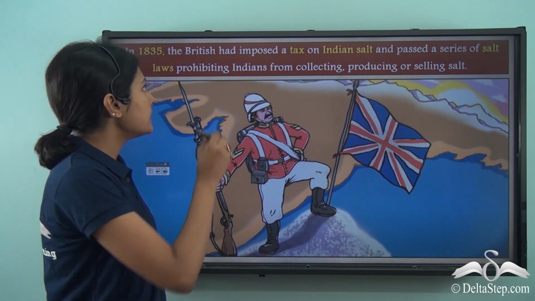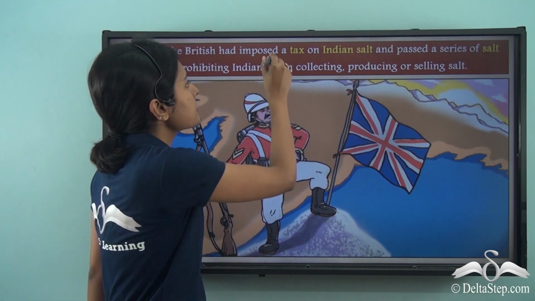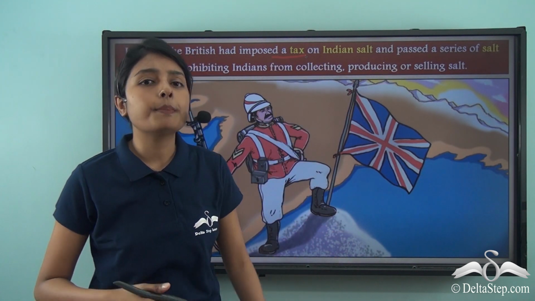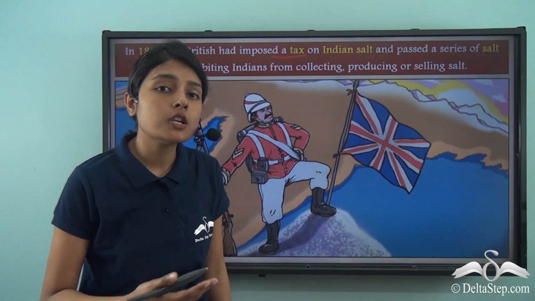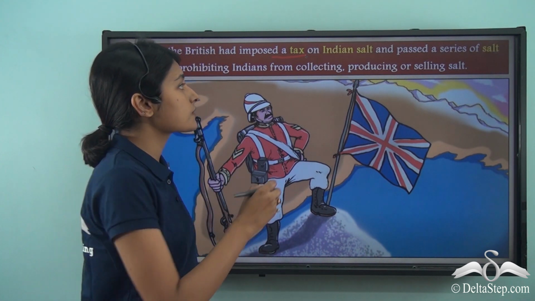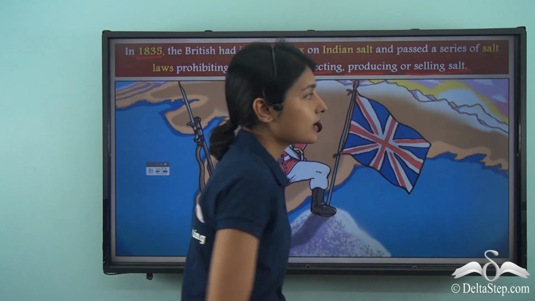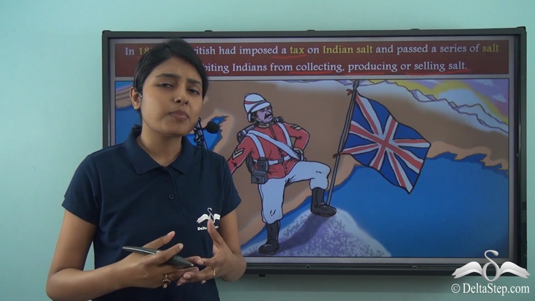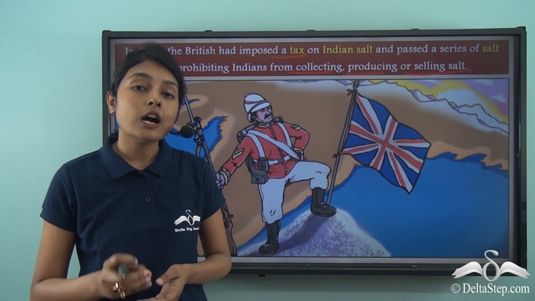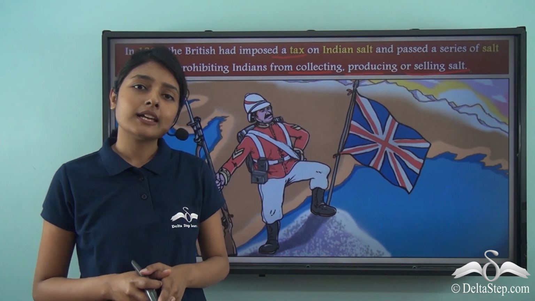Now, in the year 1835, the British had imposed a salt tax. And at the same time, they also passed a series of salt laws. And these salt laws forbade the Indians from collecting, producing or selling salt. So something as basic and necessary as salt was not allowed to be collected, produced or even sold by the Indians.